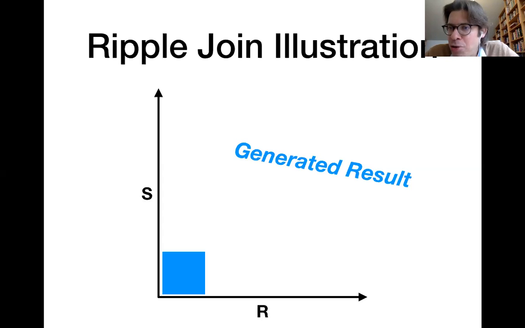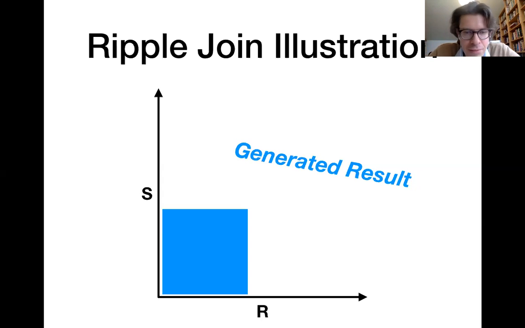Now we keep those input pages in main memory and read another page from R and one from S. So now we have 2 pages from each relation in main memory. We can do the join between all of those tuples and have again generated a higher part of the query result.